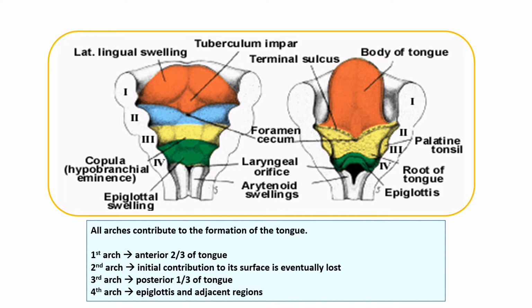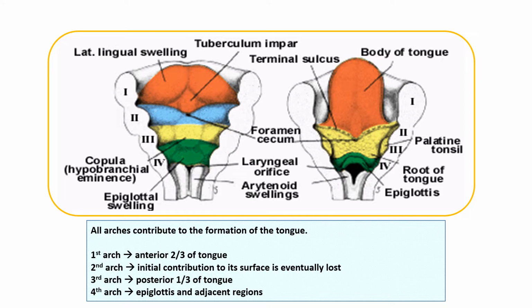As the tongue is developing here on this image on the left, you can see that the different parts of each pharyngeal arch, denoted by different colors, give rise to different parts of the tongue. The tongue receives contributions from 3 swellings: the median tongue bud as well as 2 lateral tongue buds.